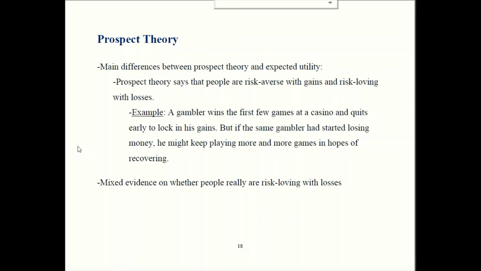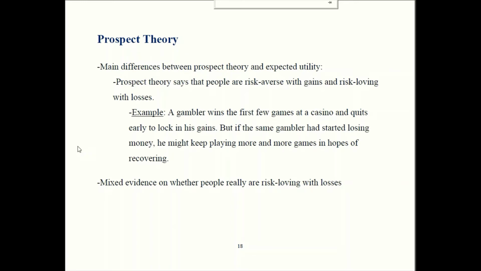Difference number 3. Prospect theory says that people are risk-averse when they're looking at gains. They want to try to lock in their gains and don't want to lose those gains. With losses, though, people really don't like losses, so instead they'll keep taking more and more gambles in order to try to get back to their baseline. So actually it can make people risk-seeking or risk-loving when they're considering losses.